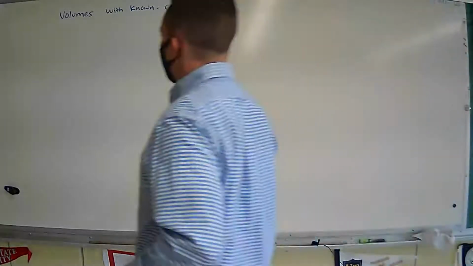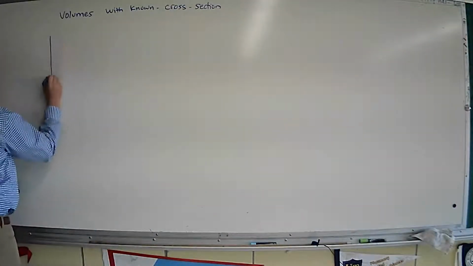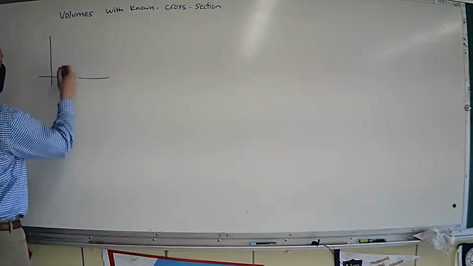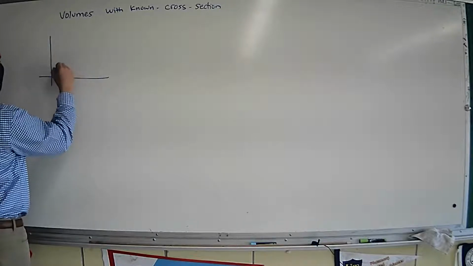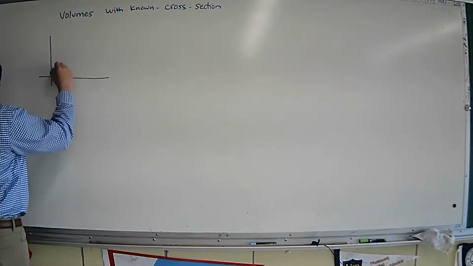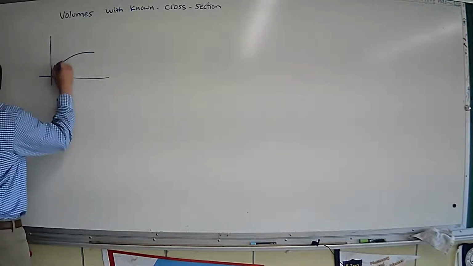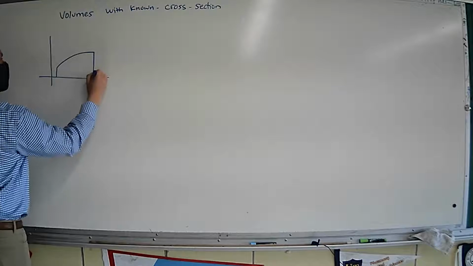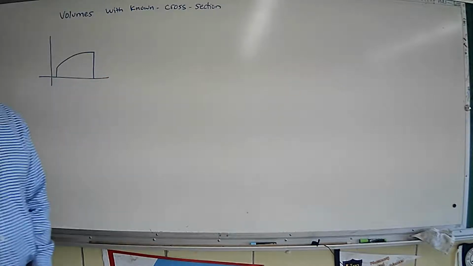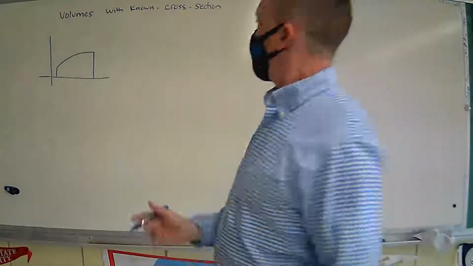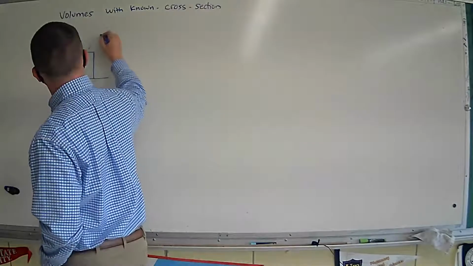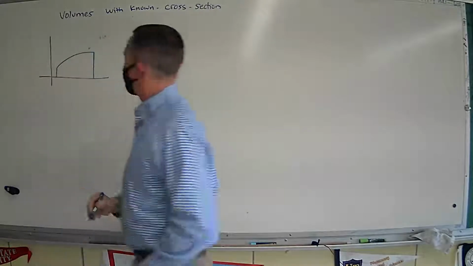So let's just think about a region here. And if I draw a region, let's say that looks like this. Okay, so this function right here, we'll just say it's f of x.